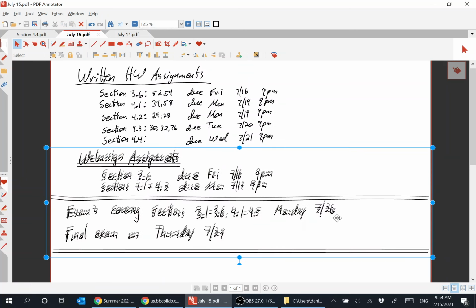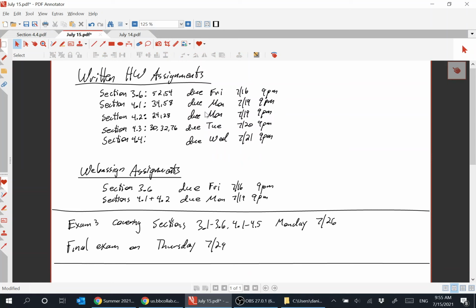So let's take a look at some of the problems from section 4.3, which we went over yesterday, introducing the log functions. There are various log functions, and there are various exponential functions, but we'll see in section 4.4 that they're really all the same in a certain sense.